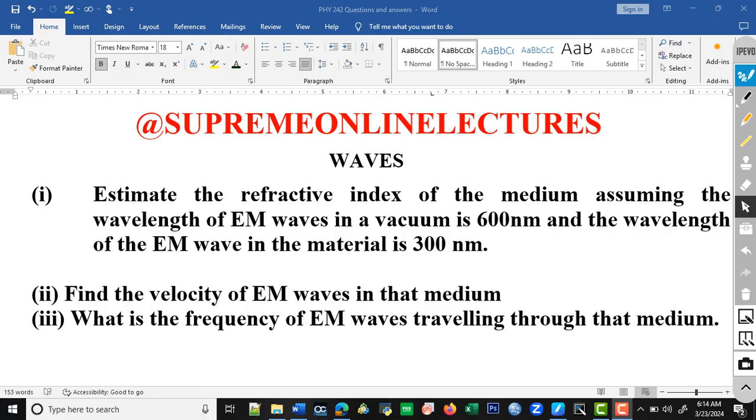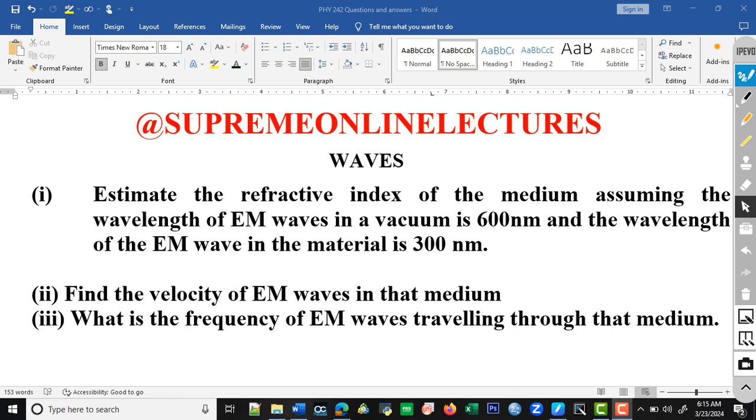Today's example on waves says: estimate the refractive index of the medium, assuming the wavelength of the electromagnetic wave in the medium is 600 nanometer and the wavelength of the electromagnetic wave in the material is 300 nanometer.